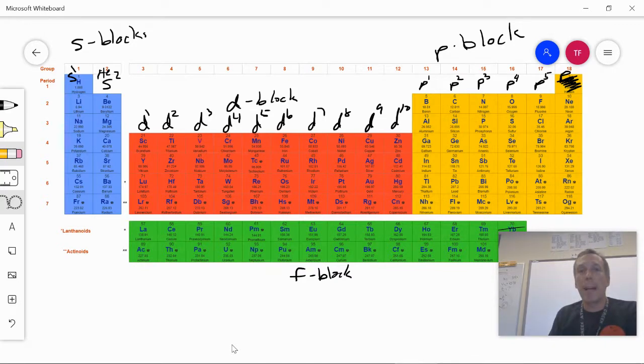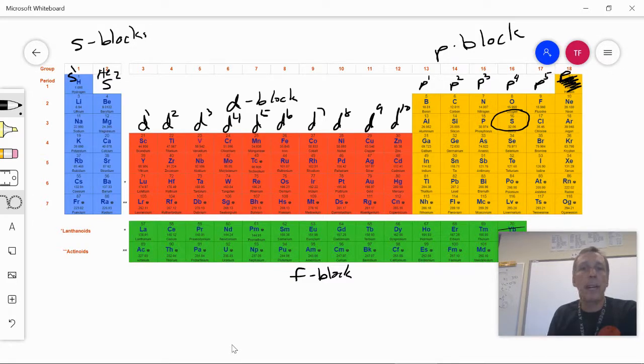So let's try applying this real quick and seeing how it works. All right. So let's take an element. Let's take sulfur. We're going to predict what sulfur's last orbital will be based on its location on the periodic table. So notice it's right here in the 4th column of the p block.